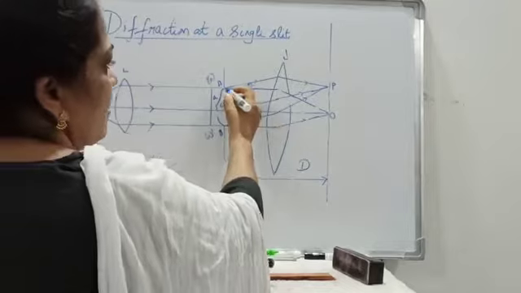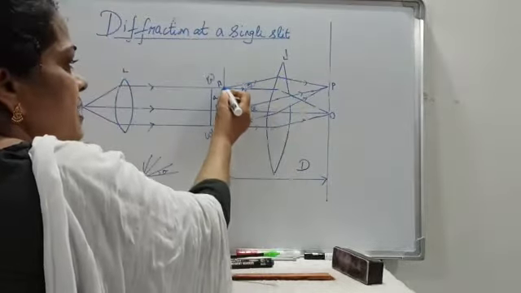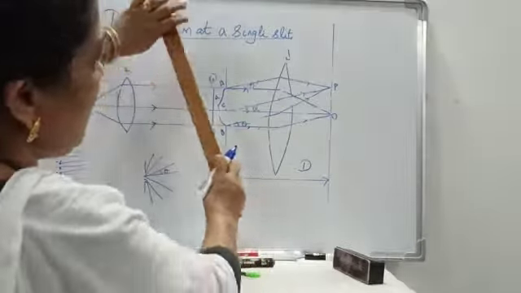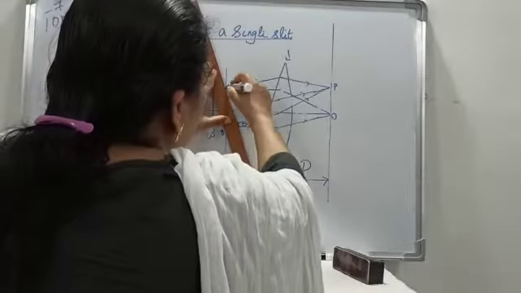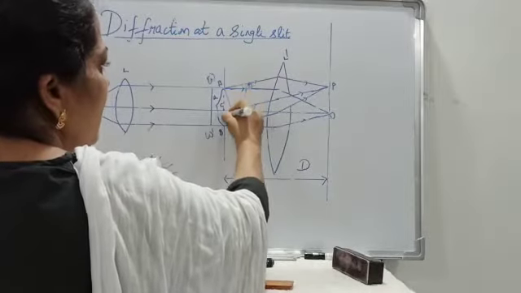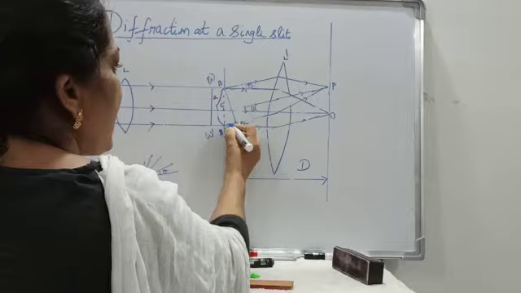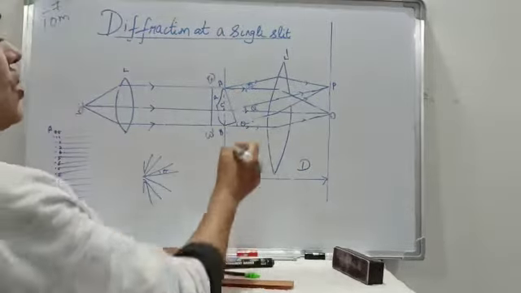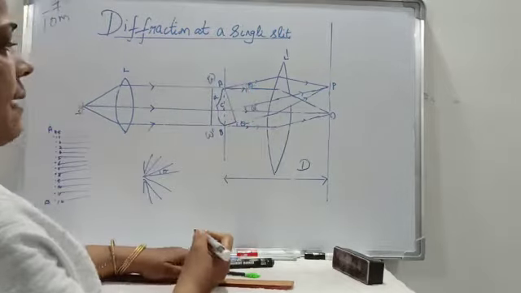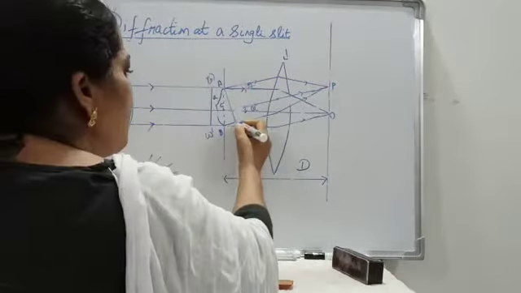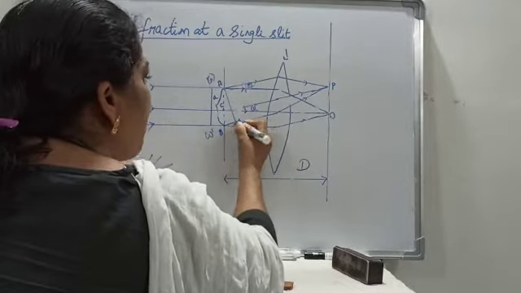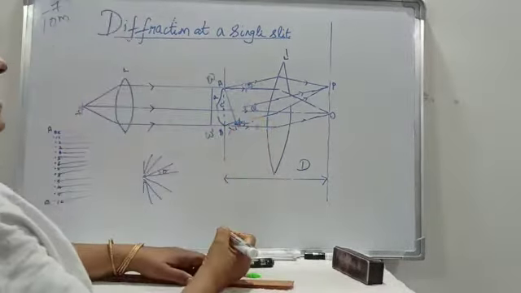No. There is a path difference between the wavelet emerging from A and B, and this can be understood by dropping a perpendicular. This is the extra path travelled by the wavelet coming from B compared to that coming from A. Let us mark the foot of the perpendicular as N.